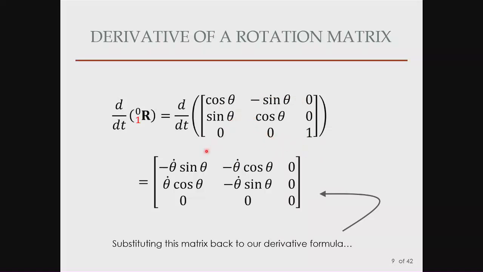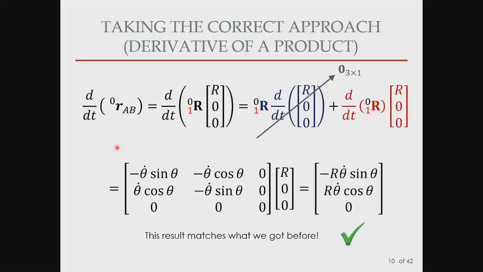So cosine theta becomes minus theta dot sine theta, and so on. If we substitute this derivative of the rotation matrix, we get this. So this is this, and times this. We get the correct thing, which we got before, the component by component derivative of RAB in frame 0. This is just a sanity check that it works.